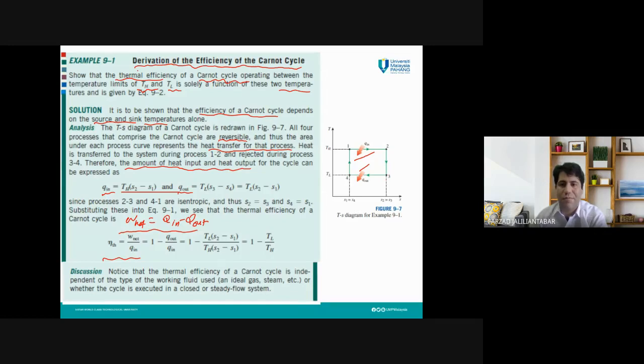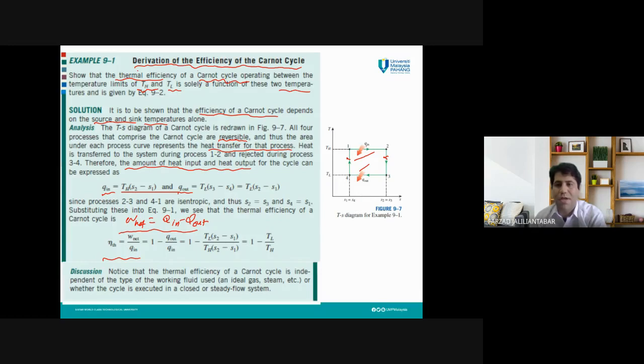So we don't have any heat transfer in these two processes. This is also another proof for the isentropic process. Heat is transferred to the system during process 1 to 2, and it is rejected during process 3 to 4. Now, the heat input and heat output can be simply calculated by calculating the area under these two processes.